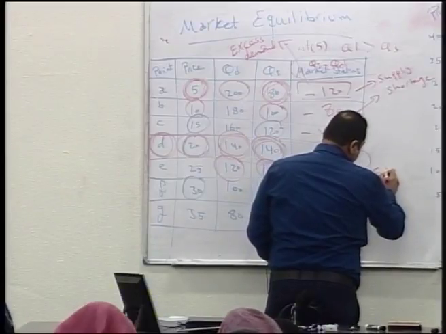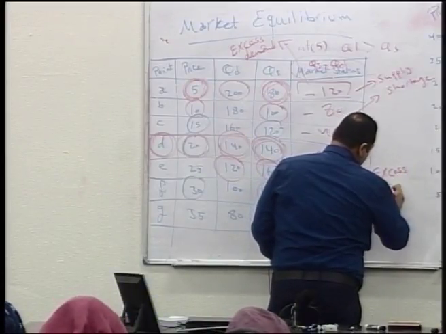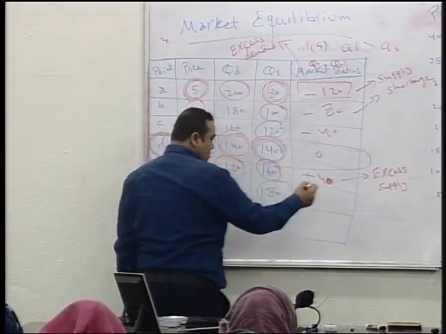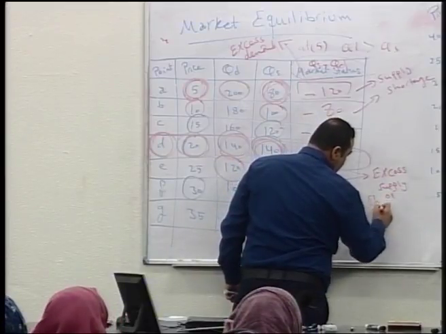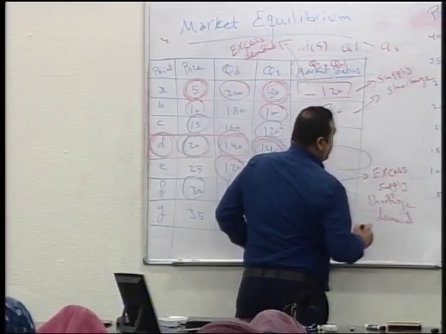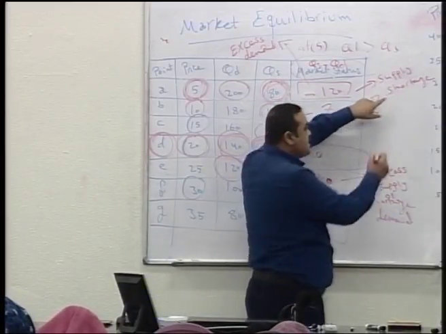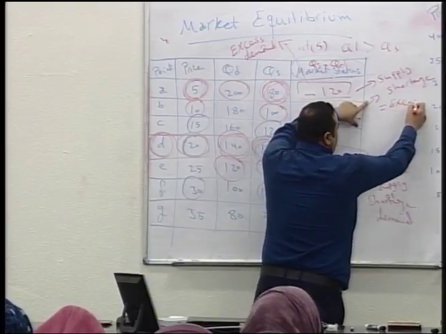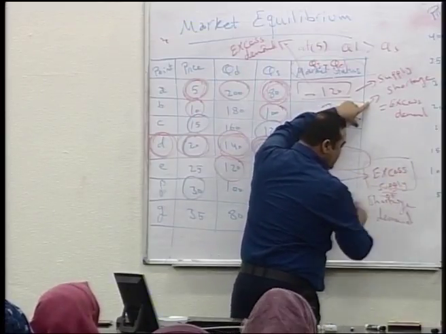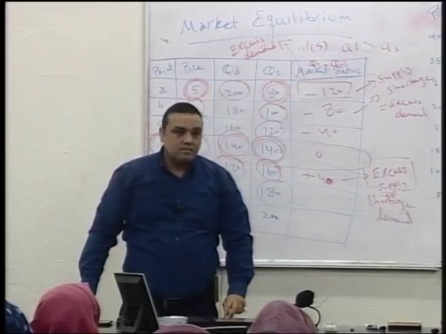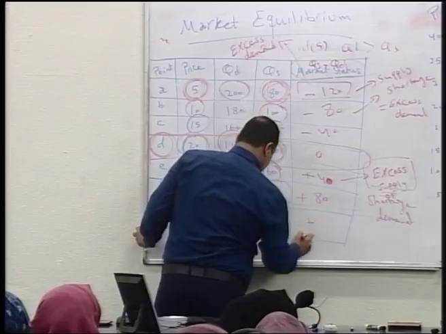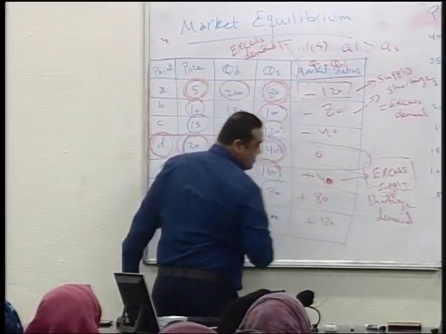This is called excess supply or shortage demand. Okay? Supply shortage is excess demand. Excess supply equals shortage demand. Okay? Positive 80, positive 120. That's it.